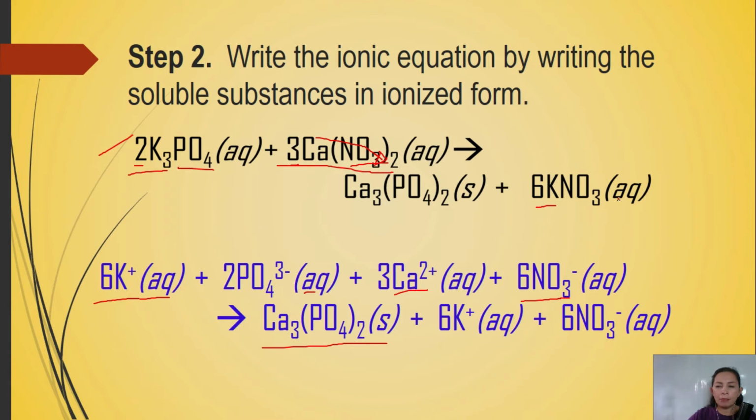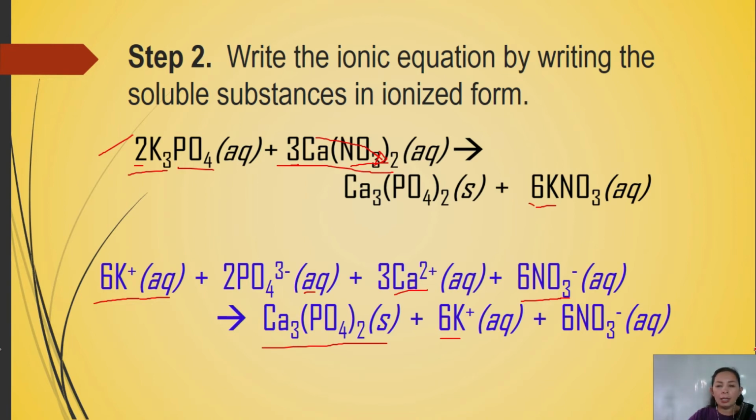Since we do not have any subscript, meaning K plus, or you can check your periodic table for the oxidation number if you are not sure or familiar with just looking at the chemical formula. We have 6 of this. And for nitrate, we have also 6 because of this coefficient.